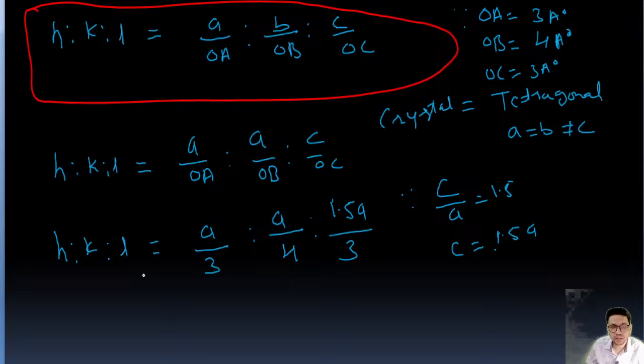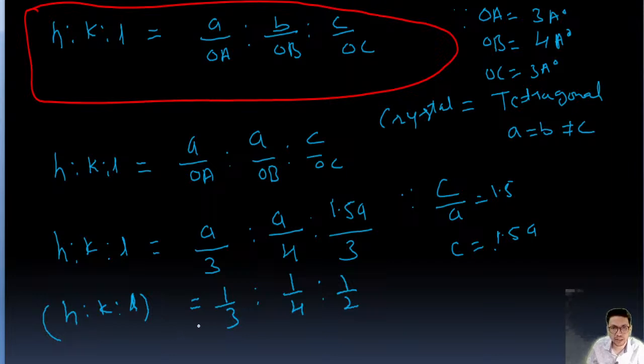Now it is very simple, so we can easily solve it. HKL is going to be, A will get cancelled, so this is going to be 1 upon 3 and 1 upon 4, and this is 1 upon 2. But Miller indices should be integers, right?